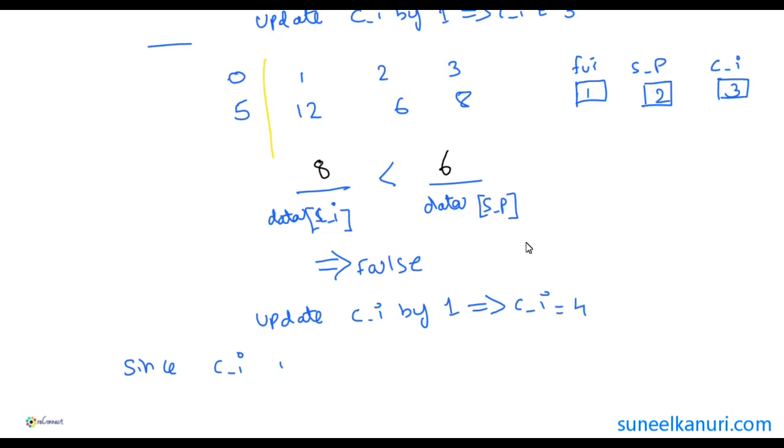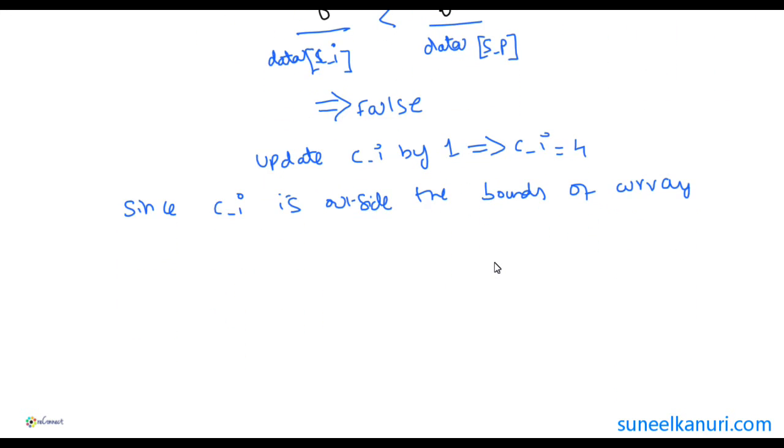And since C_I is outside the bounds of array, the pass is over and the loop is over and swap is performed.